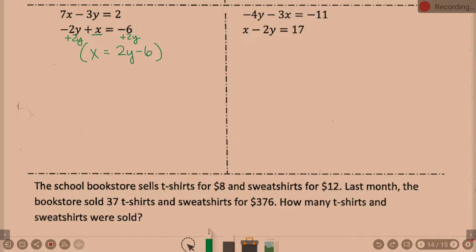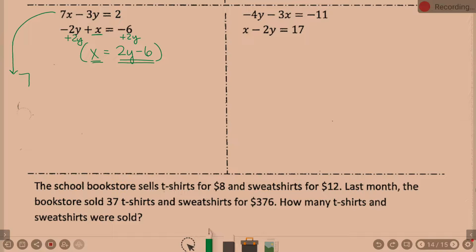Now, every place I see an x, I'm going to replace it with 2y minus 6. We're using our other equation at this point, yes? So 7x.